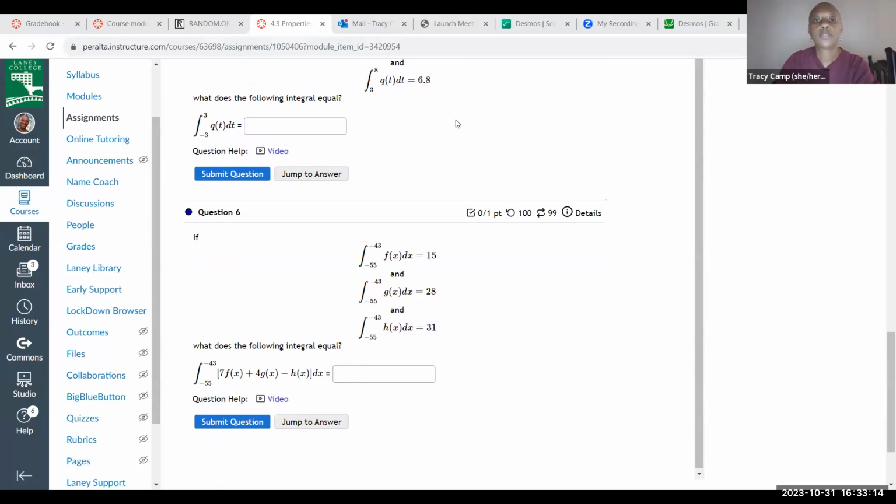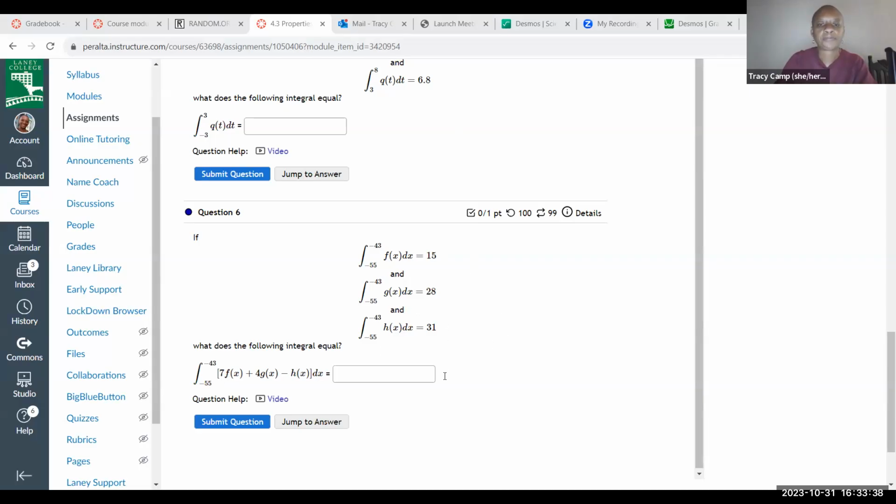So what we're going to do is use what we're given and use what property? The fourth property, as well as the third. Well, I guess just the fourth property, really. Like this idea that you can factor out a constant. So notice there's a constant in front of your f of x.